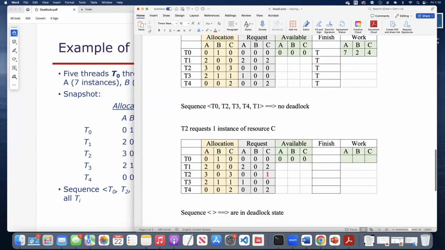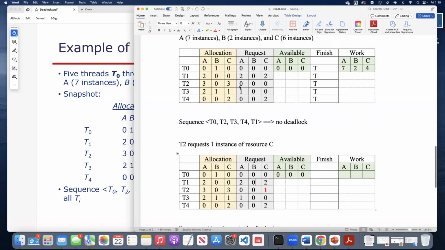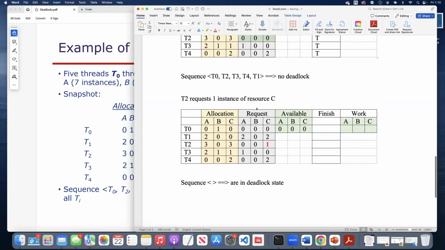And now if I change this data structure, change the request. Now the T2 in this data structure doesn't request any resource instances. And now assuming T2 requests 1 instance of C. So we change the T2's request from 000 to 001.